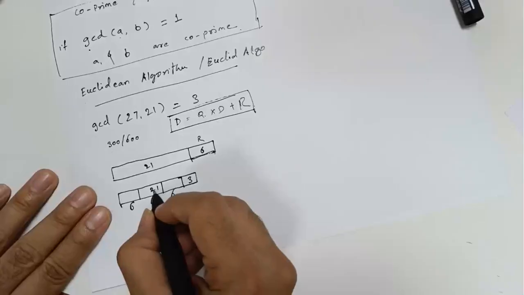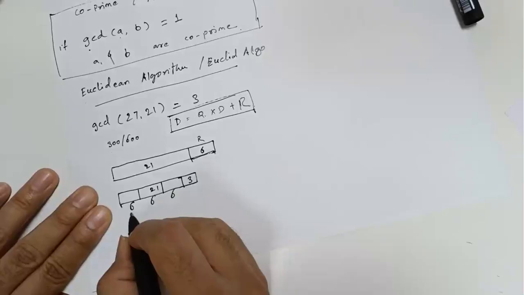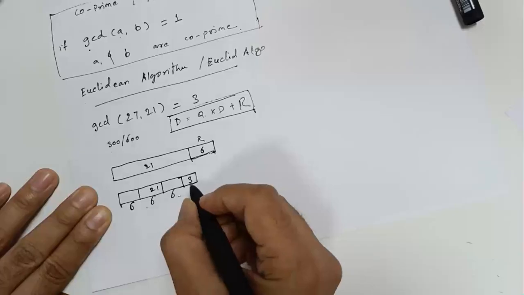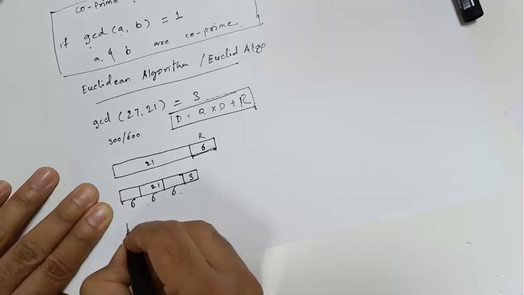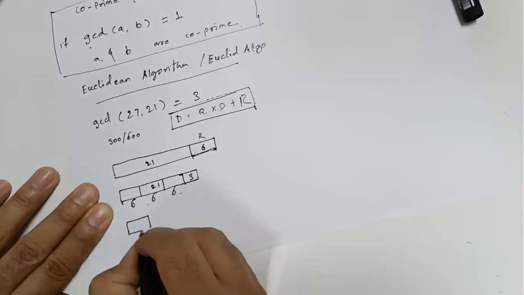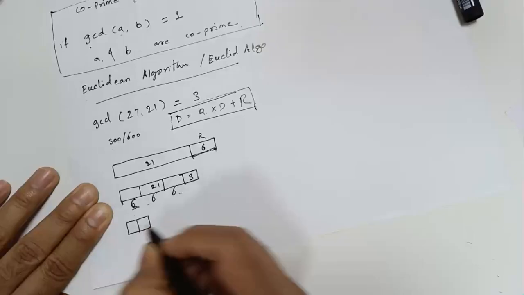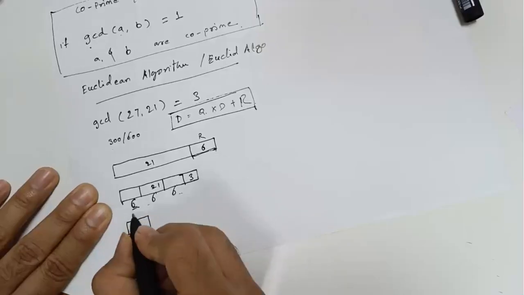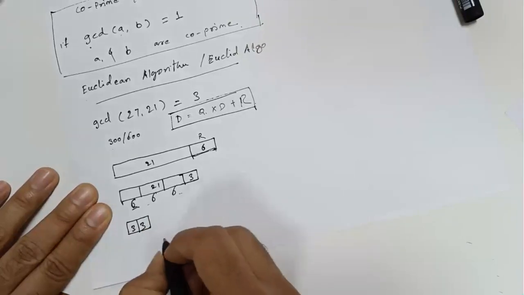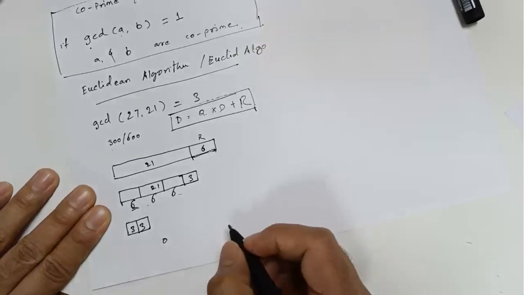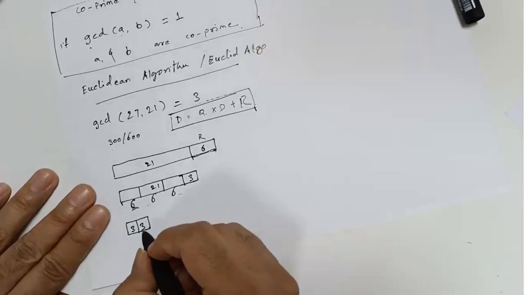So this 21 can be divided into 3 parts of 6, the earlier remainder, and the new remainder is 3. Now the new remainder will be making this 6 part as this one, and then lastly you get 0 value, right? And this is how you can find out the GCD.